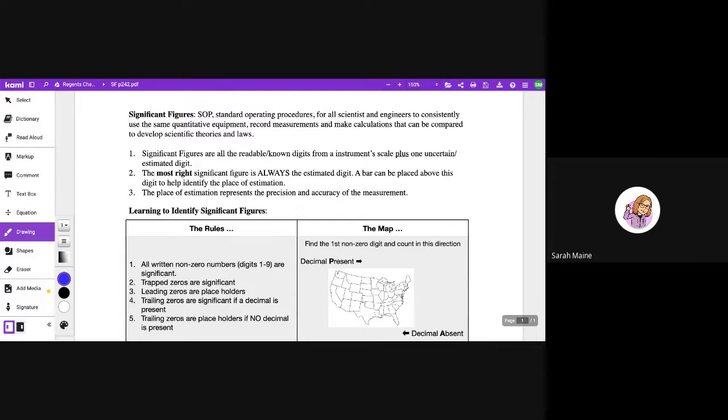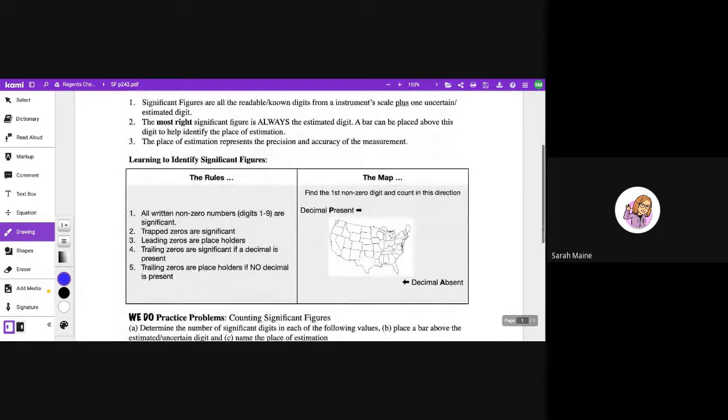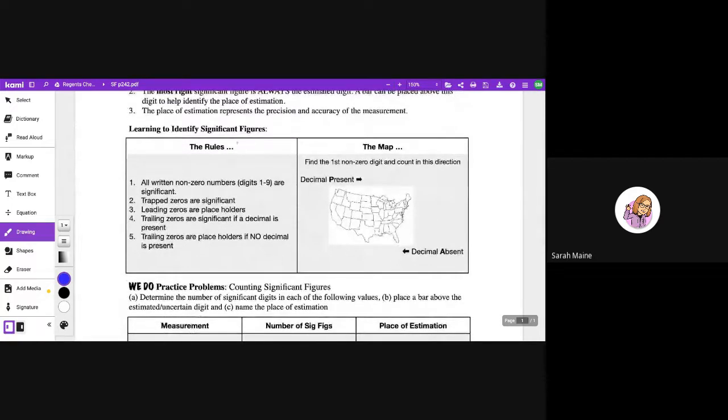So, what we're going to do first is learn how to look at a measurement that's recorded and identify the number of significant figures. My method of identifying this is looking at this simple set of rules. And the big thing is learning when zeros are significant or when zeros are simply placeholders.